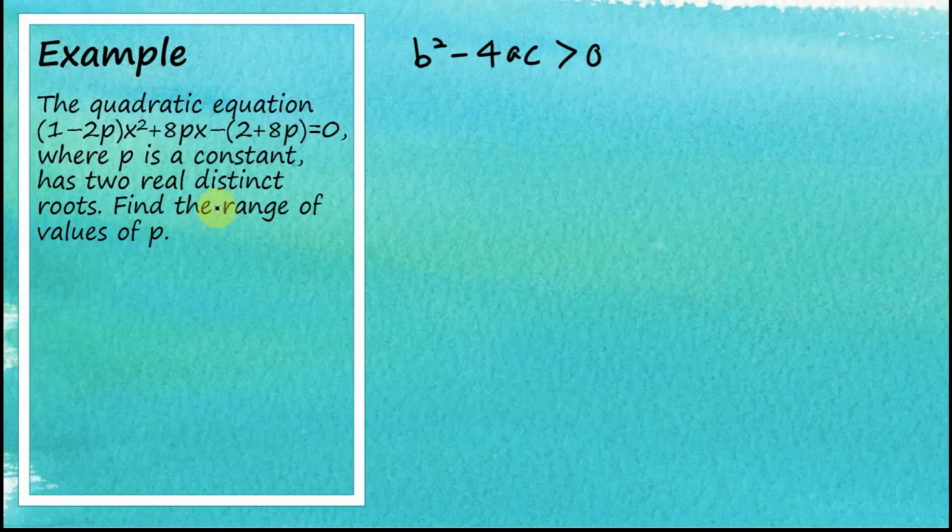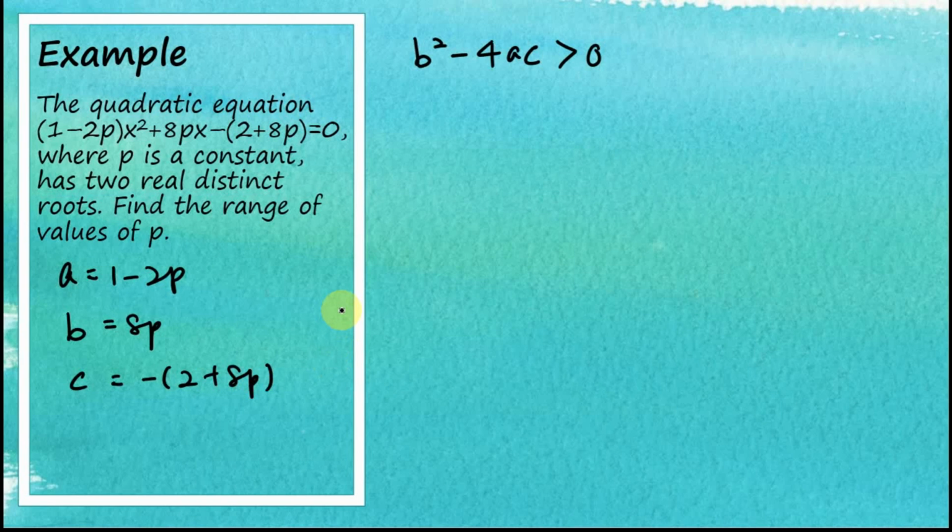Okay, now this equation is already in general form, so we can straight away tell the values of the coefficients. a is equal to 1 minus 2p, and then b is equal to 8p, and our c is equal to -2 plus 8p.